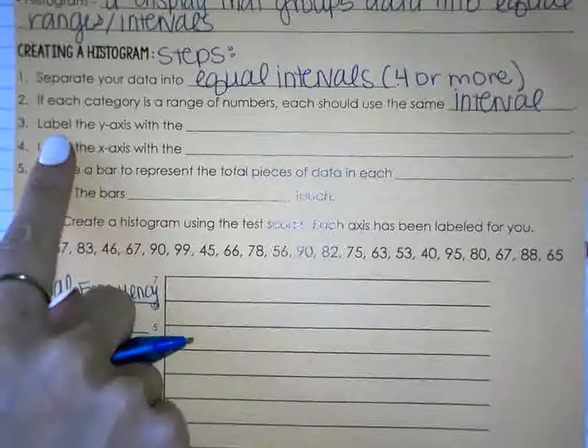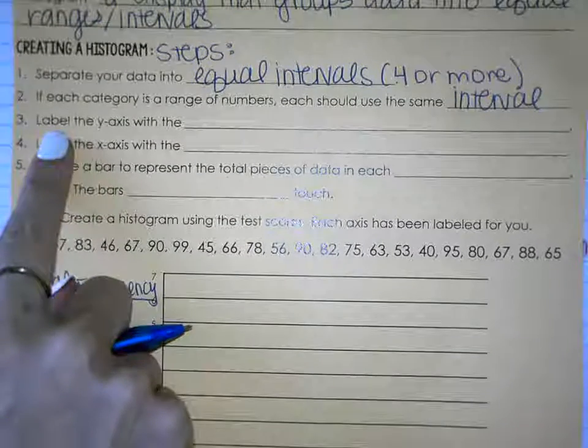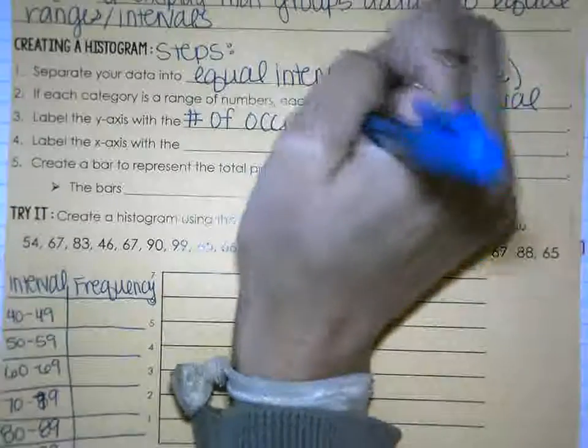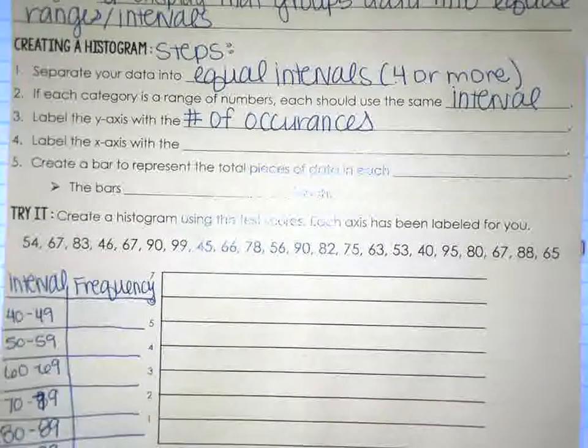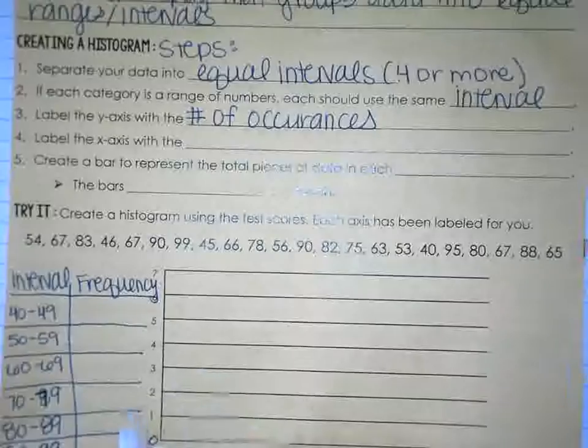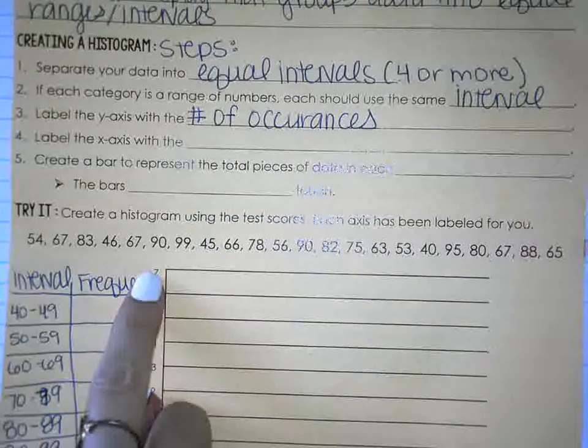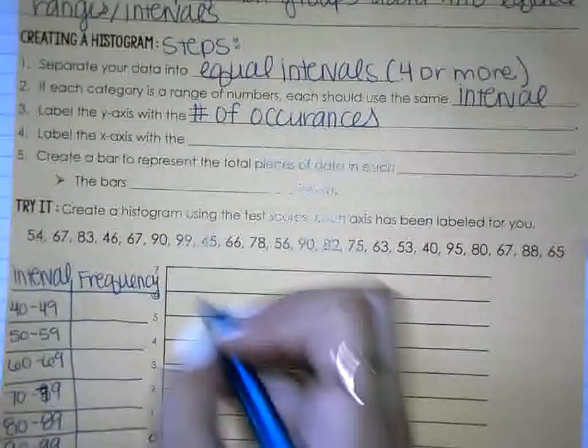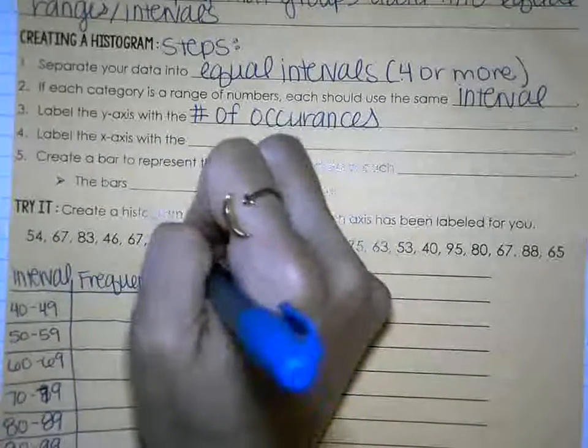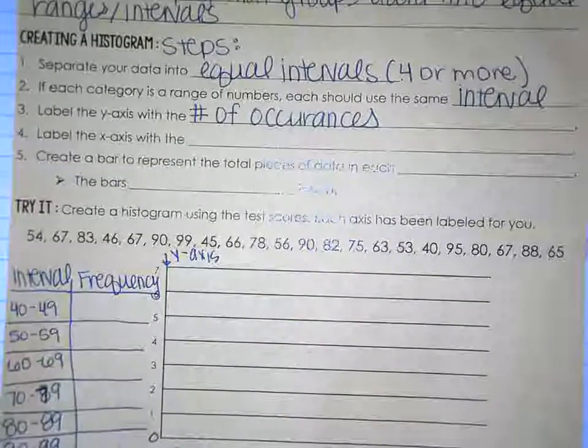So then step 3 says you are going to label your y-axis with the number of occurrences. That is the 0 through 7. That is your number of occurrences. So this right here is your y-axis.